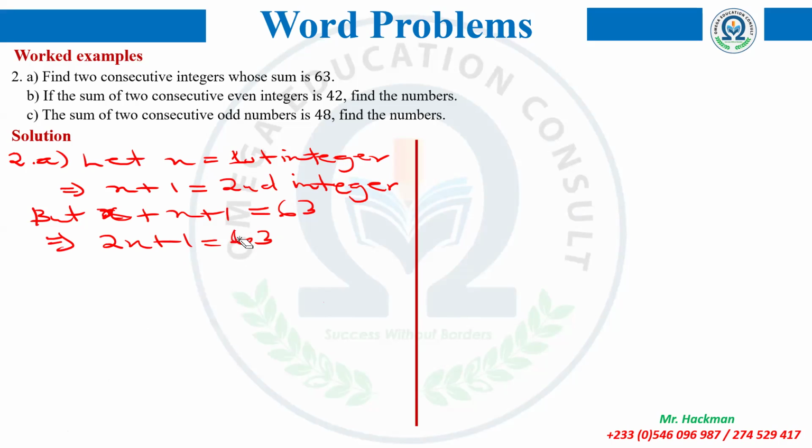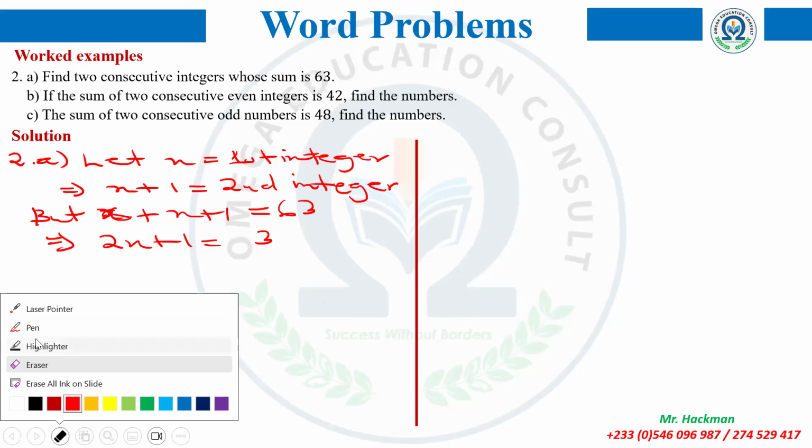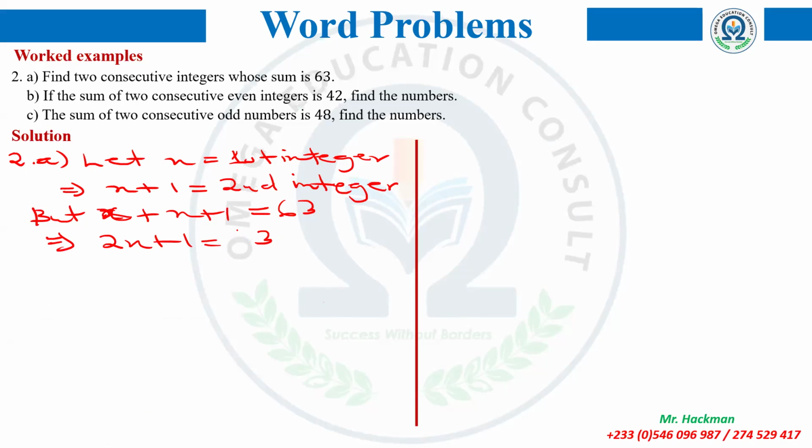Yes, please. At this point, we are in a comfortable lead. We are going to get 2x equal to 63 minus 1, so that will give us 62. You write it again before you divide: 62 over 2, 2x over 2. So we'll get x to be equal to 31.